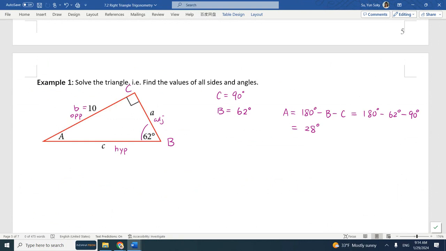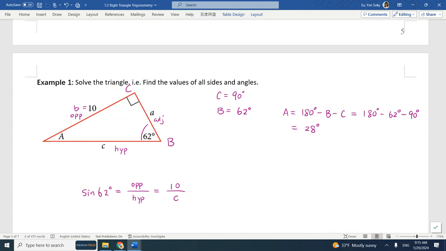So we put sine 62 degrees is opposite over hypotenuse. Opposite is what? 10. Hypotenuse is C. Everybody?